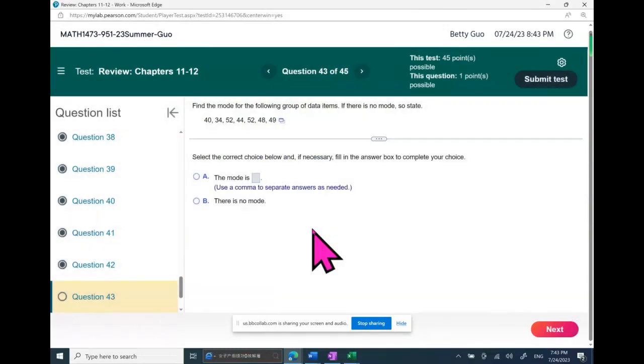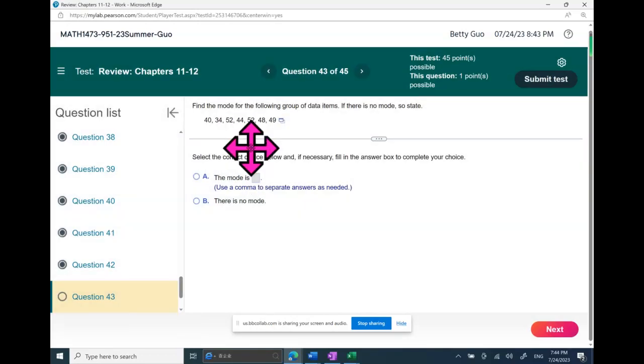Question number 43. Find the mode. Yeah, mode is the value in the data set with the biggest frequency. So in the list, do we have a number whose frequency is bigger than other numbers? I look at 34, 40, 44. They're all different, right? That means each data item has a frequency.